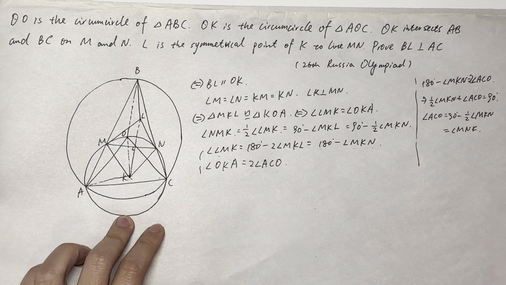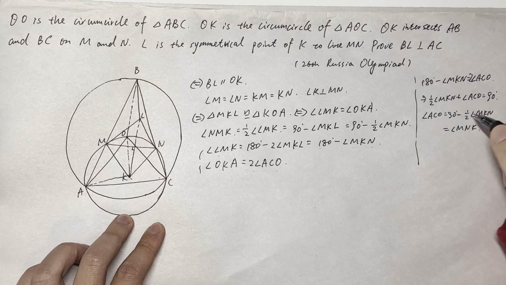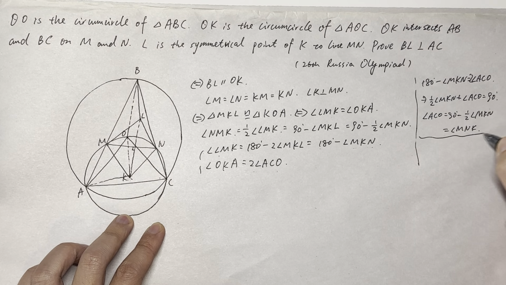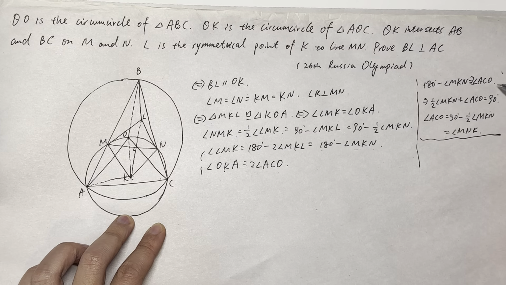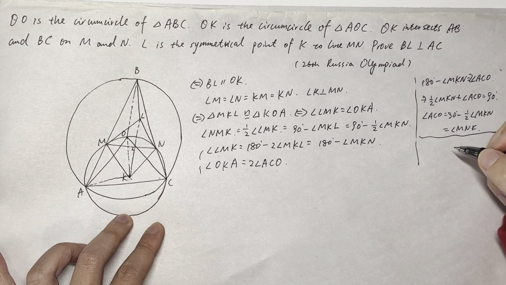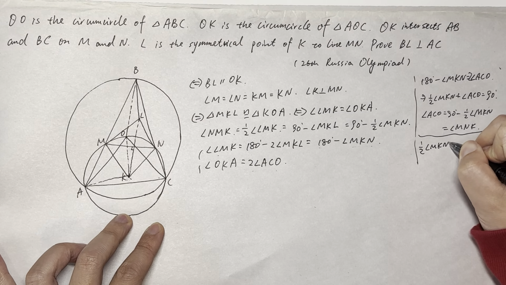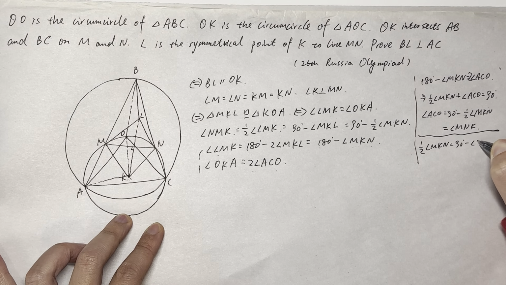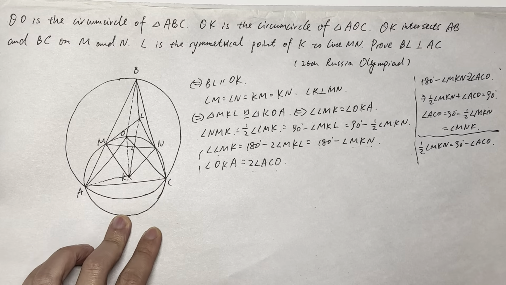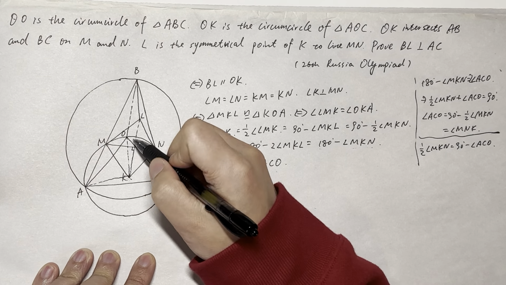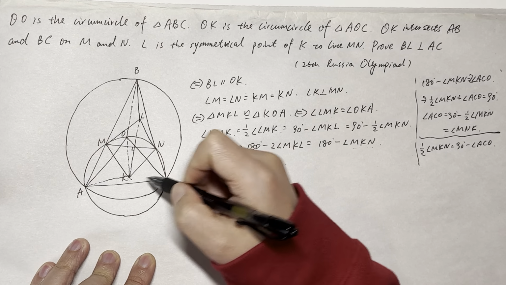And let's see another way. That's one way to explain this equation. Another way to explain this equation is that half of angle MKN equals 90 degrees minus angle ACO, right? Look at it here, because OK is perpendicular with AC.